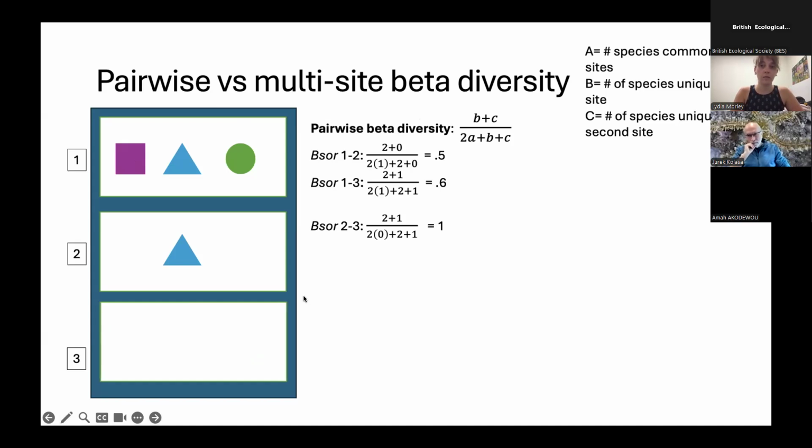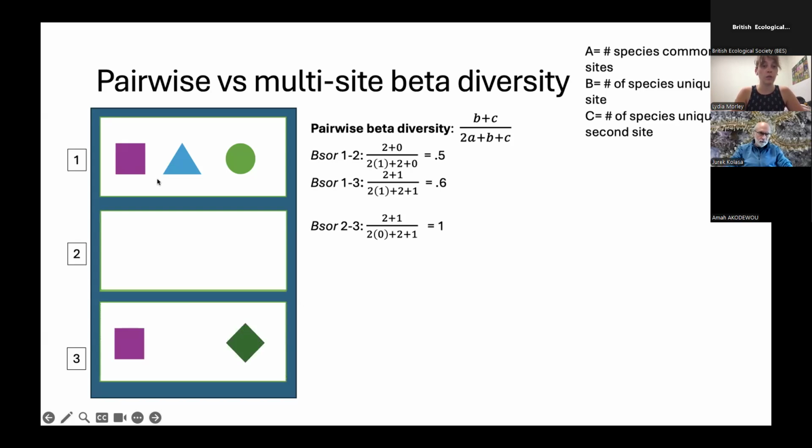So we can do this here. So we'll calculate beta diversity for sites 1 and 2. Site 1 has 2 species unique to it, whereas site 2 has 0 species unique to it. There is 1 species that is common between both of them, and then we add the numerator and the denominator back down to get a final beta diversity score of 0.5.